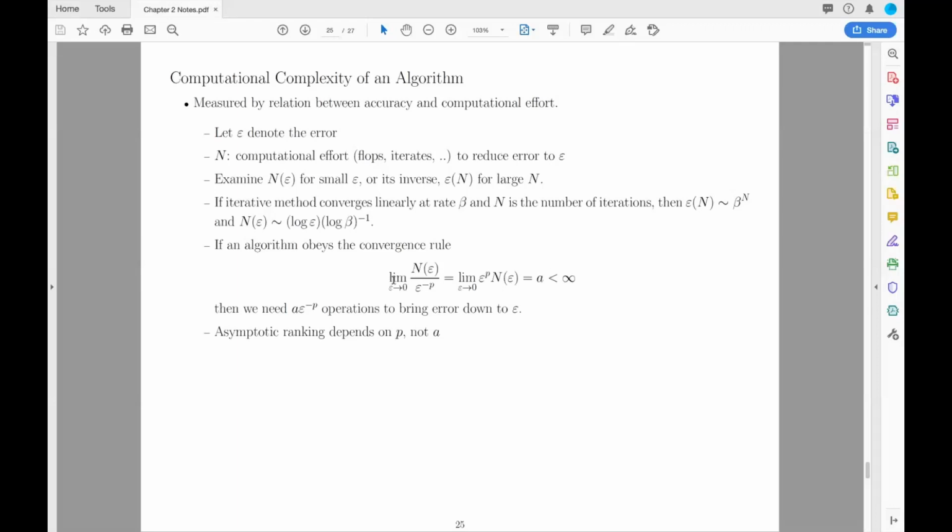This is as you want to get epsilon to 0. There are many times when there's some method which asymptotically is superior, but requires an enormous amount of effort to get to that low target, and you're better off using something else that isn't so good asymptotically.